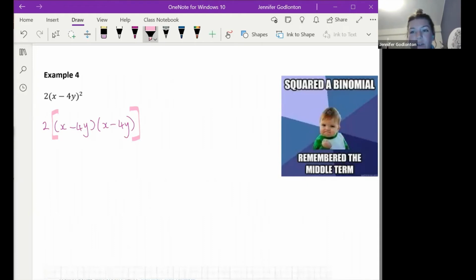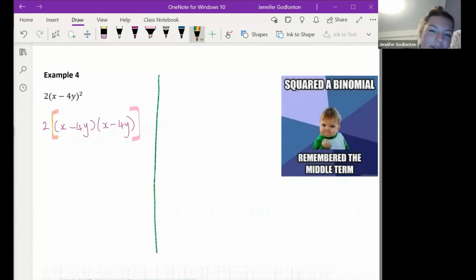You can take your 2 and I'll show you the second option. So option 1 is you do that FOIL first and then you take in your 2 at the end. Second option is we can take that 2 in at the beginning, but we have to be very careful with our signs. So my advice is to try and start with the FOIL. Yeah, I thought it would make you guys proud to have that middle term.